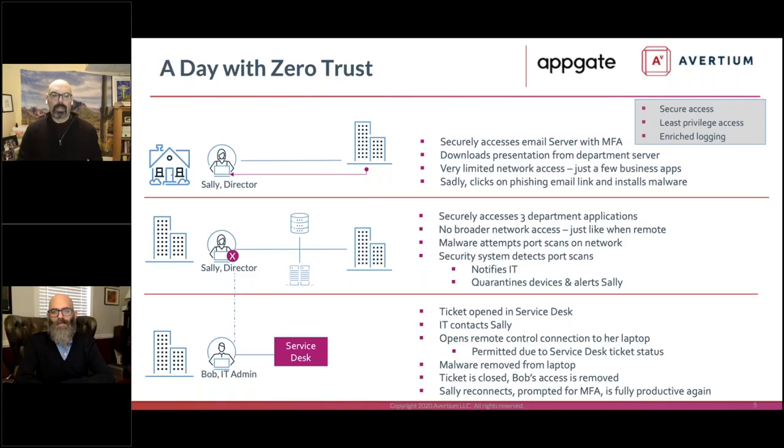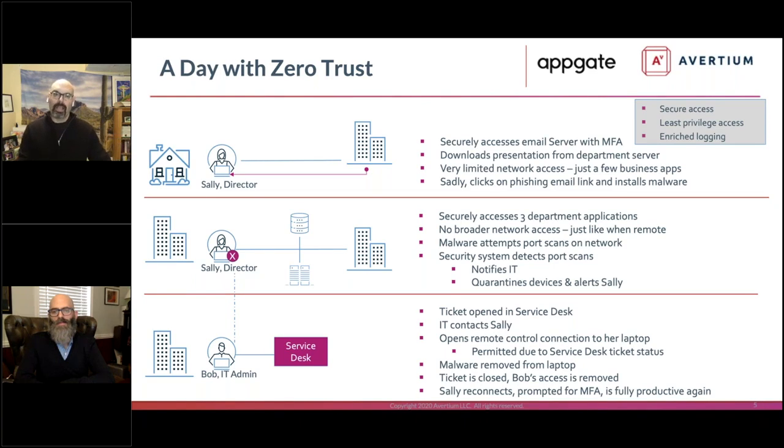Now, of course, Sally needs to be productive, and IT is on the case here. Now, Bob, who happens to be in another city, recognized that there's something to be fixed on Sally's device, because the workflow behind the scenes, their source system, has opened up a ticket in their service desk. Bob calls up Sally and says, hey, I need to fix your device because there's some malware on it. And he opens up a remote connection to remotely log in as administrator to her device.